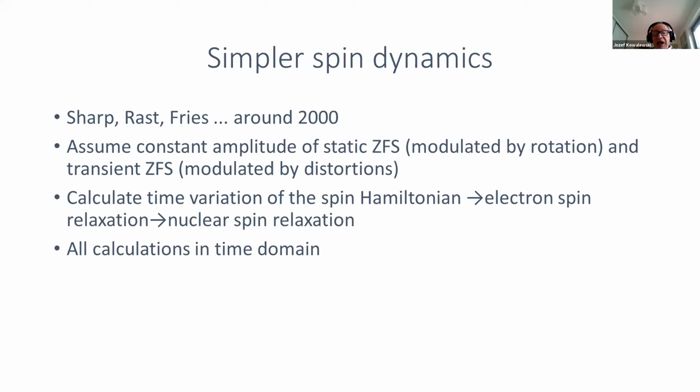So this allows again to calculate the time variation of the spin Hamiltonian, electron spin relaxation, and nuclear spin relaxation. And all these calculations are done in the time domain. All the calculations in the slow motion approach are done in the frequency domain. So the mathematics is very, very different.